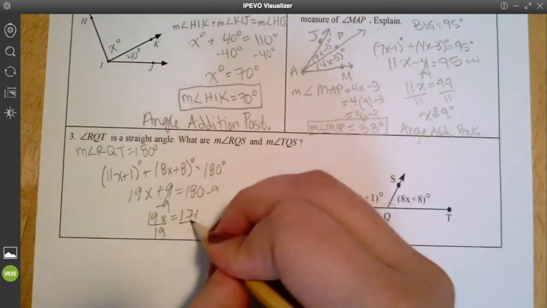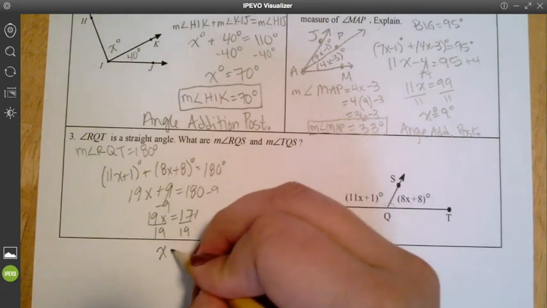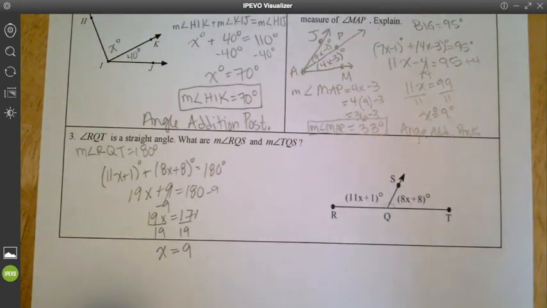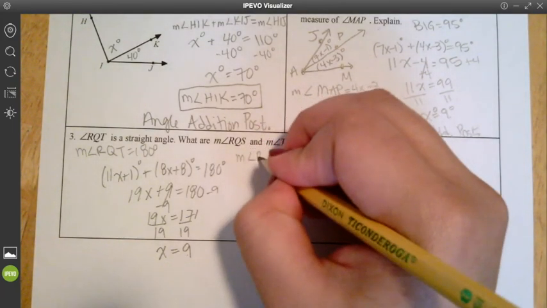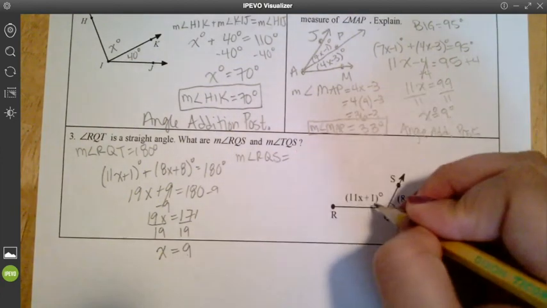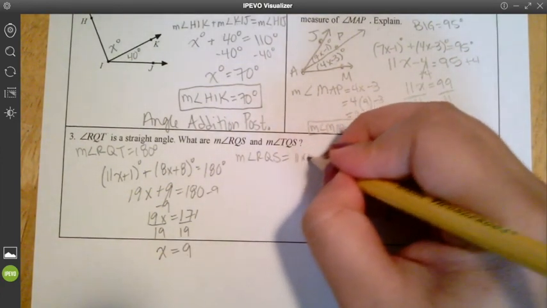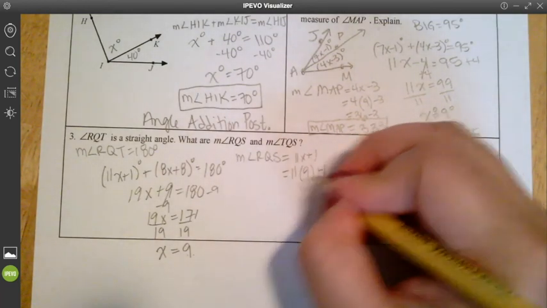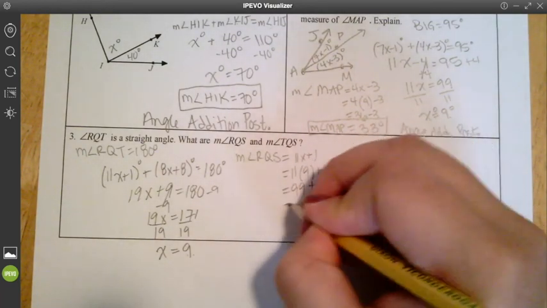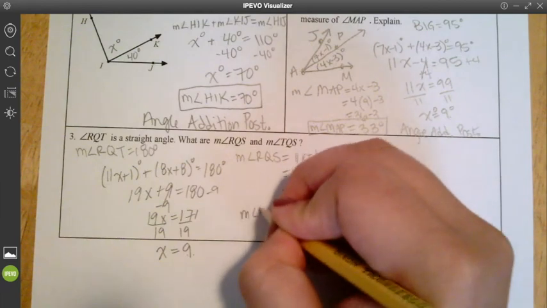Divide by 19, x equals 9. That was not the question. The question isn't x, the question is the angle measurements. So the measure of angle RQS equals 11x plus 1, 11 times 9 plus 1, 99 plus 1 is 100.